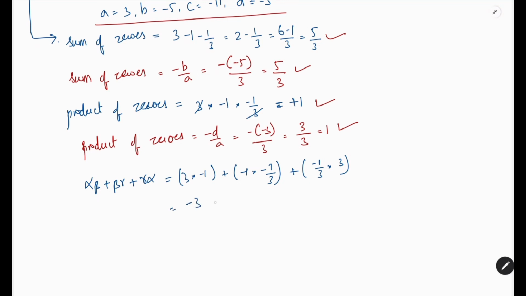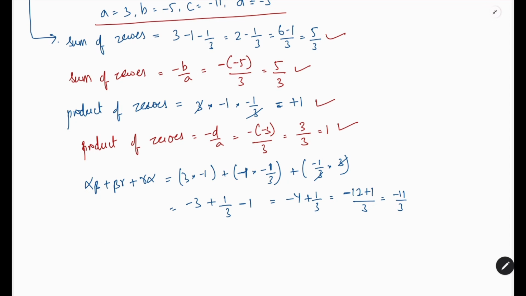Here it is minus 3 plus, minus into minus plus, 1 by 3. Minus 3 and minus 1 equal to minus 4 plus 1 by 3, equal to minus 12 plus 1 by 3, equal to minus 11 by 3.